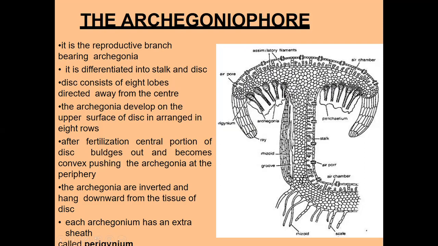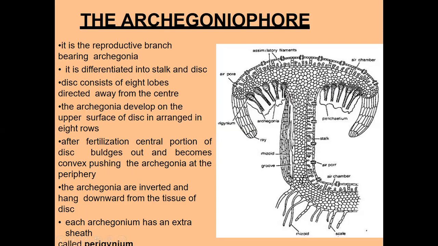So you can see here, these are the female sexual organs, which are called archegonia. They are inverted in position, that too at the base of the disc, that is, at the lowermost position or towards the inner side of the disc.